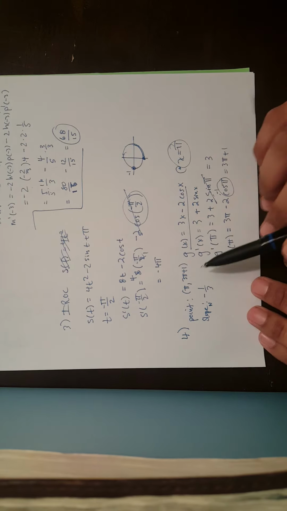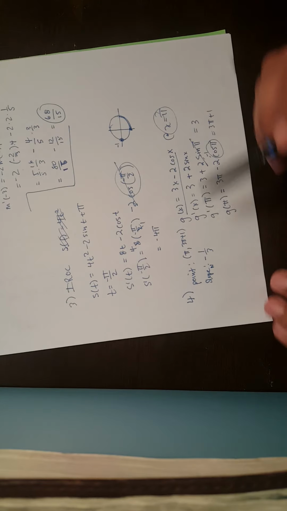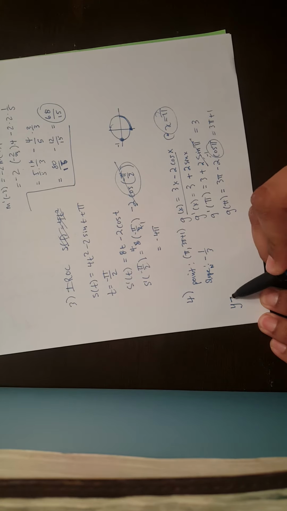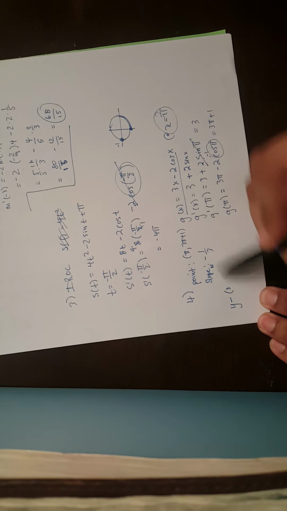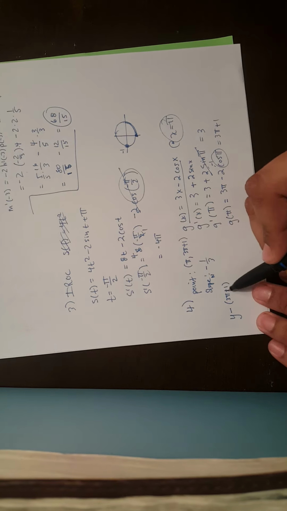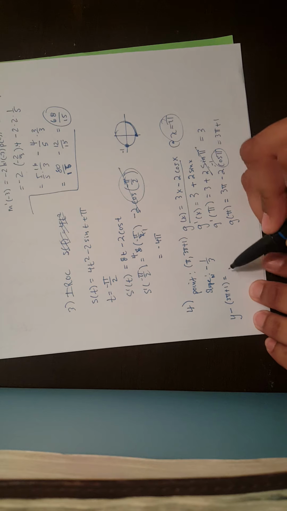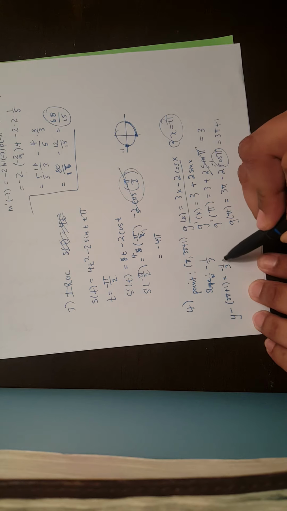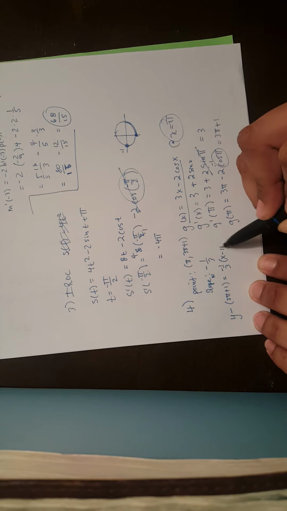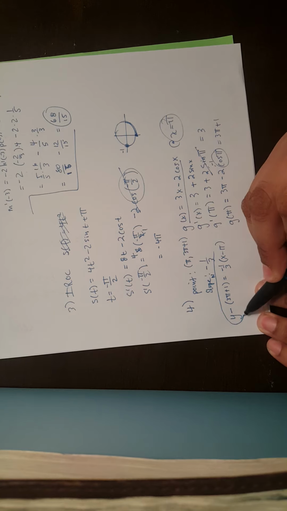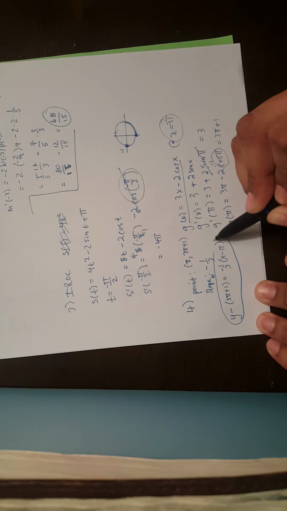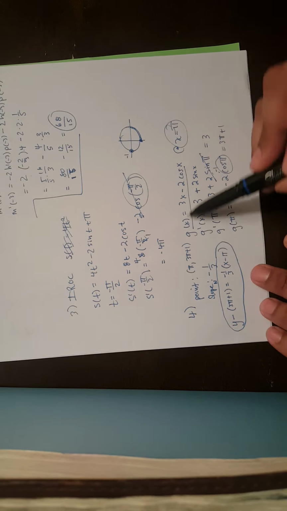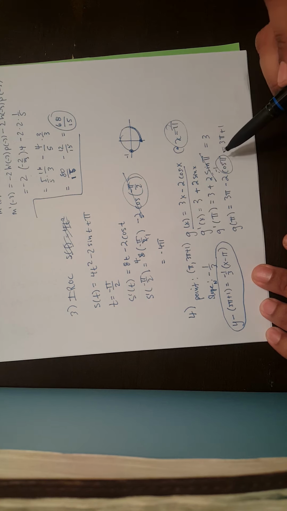Now if we want to write this as an equation, we're going to get y minus the y value that we have here in parentheses, 3 pi plus 2, is equal to the slope, negative 1/3, times x minus pi. So this is the equation of the line that's normal to this function at x equals pi. Okay.